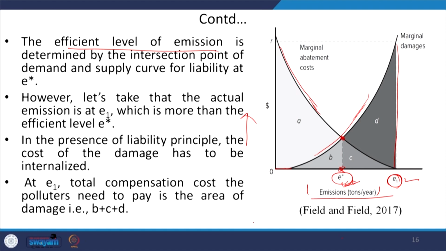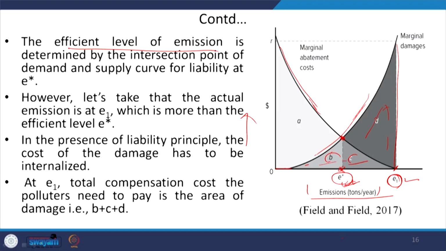So, if the industry is producing at the E1 level of emissions, what are the damages? This is the damage function. Under this, the B area, C area, and D area, the whole of these, is the total damage cost.